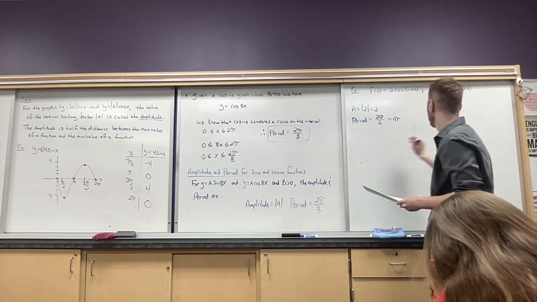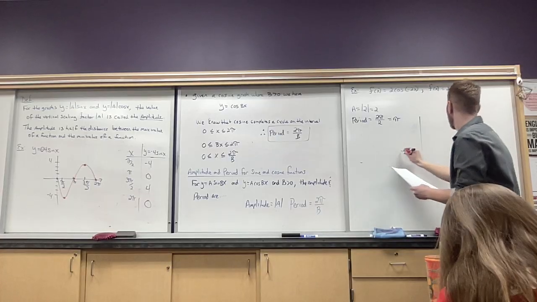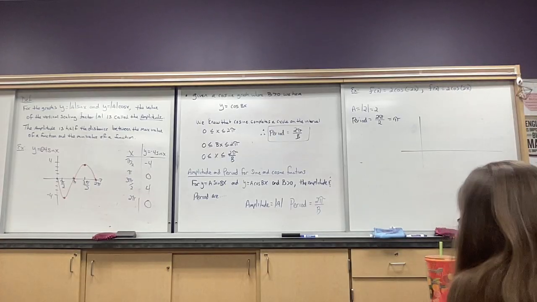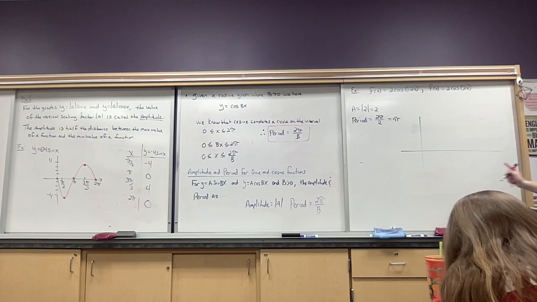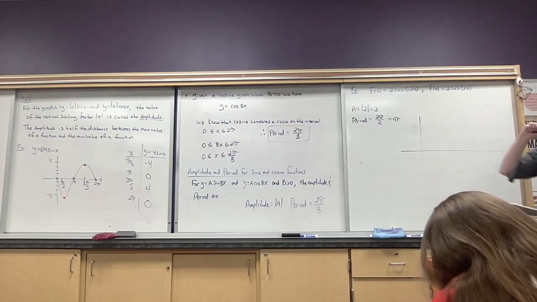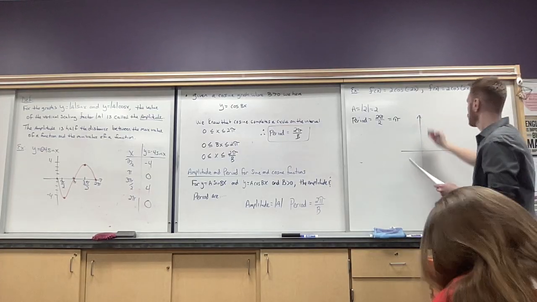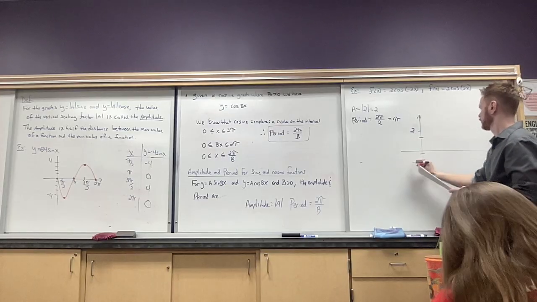Last thing I want to do, let's graph it first. Let me draw the grid first, and then I'll show you how to come up with these values, because I can't use pi over 2, pi, 3 pi over 2, and 2 pi anymore, because that 2 is out in front. I'm going to show you how we can fix that. I know the amplitude is 2, so 1, 2, 1, 2.